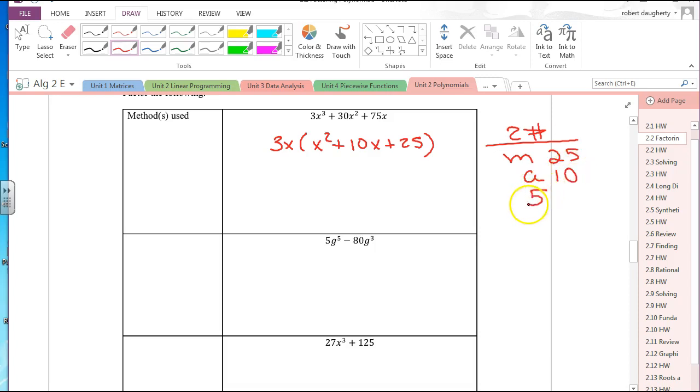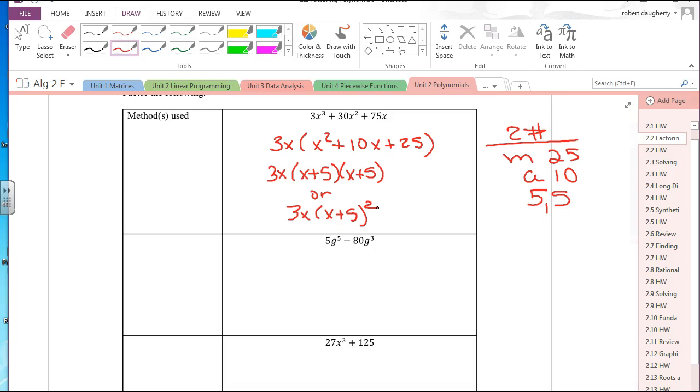Those numbers are what? Yeah, 5 and 5, okay? So that means you can write this as 3x times x plus 5 times x plus 5. You would be just as correct if you wrote 3x and x plus 5 squared. Either of those is a correct answer for this, okay?